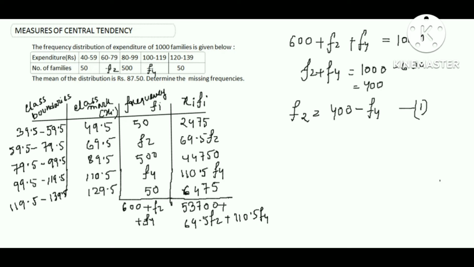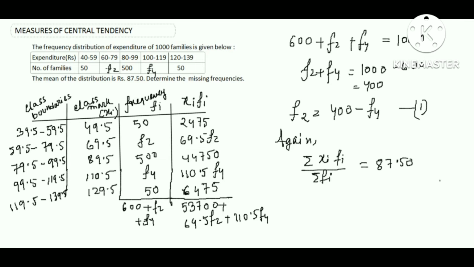Again, we have given that the mean of the distribution is 87.50. So again, we know that for frequency type data, the formula for mean is summation of Xi Fi divided by the total frequency summation of Fi equals to 87.50.